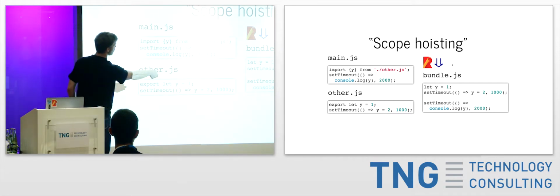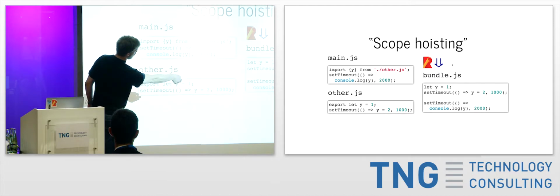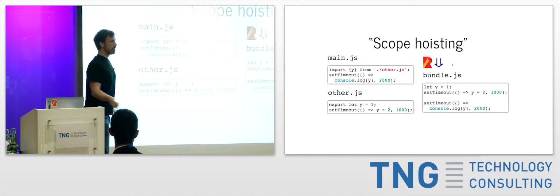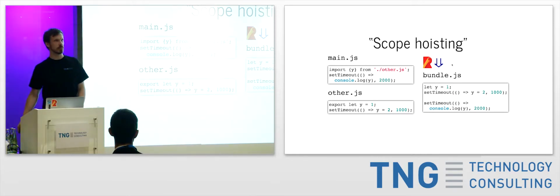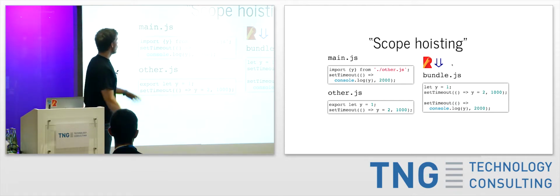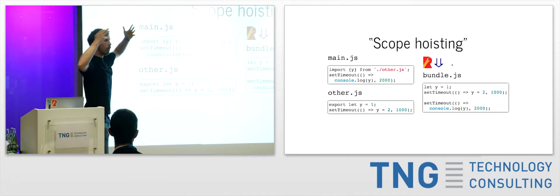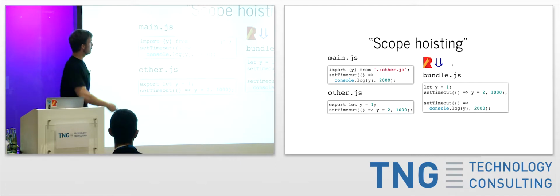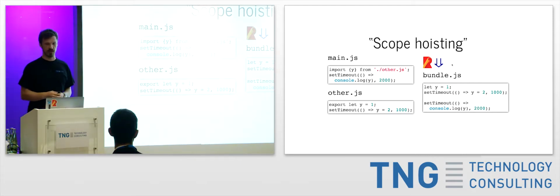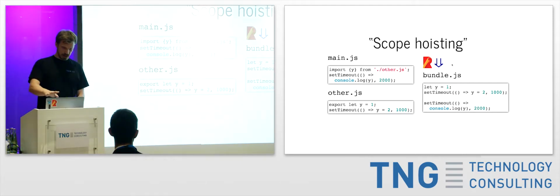The export has just been shortened to become a declaration. Then here's the one timeout statement. The import completely vanishes, it's no longer necessary, and then I just have the set timeout from the other file. And so the thing is, if you have 100 files, in the end it will still be one huge module with everything together.